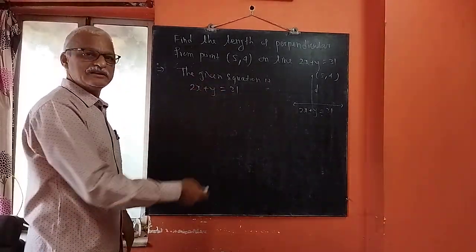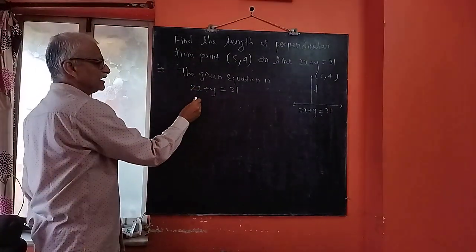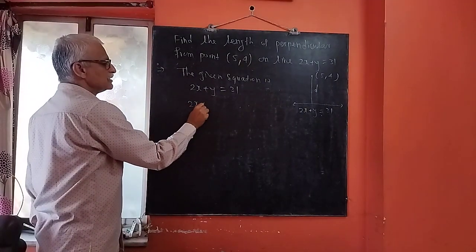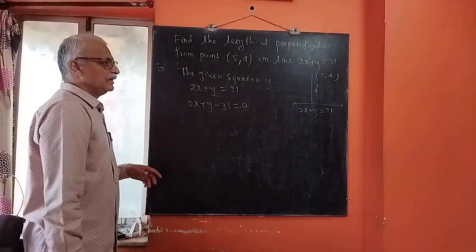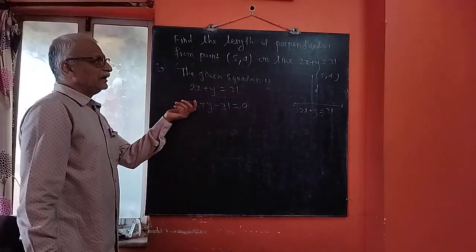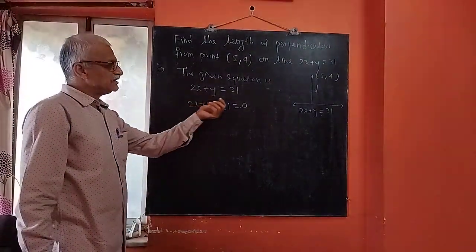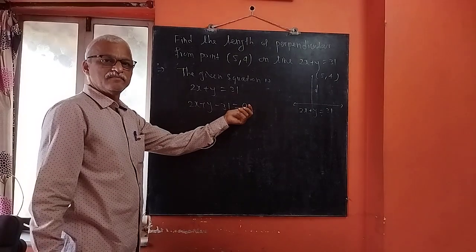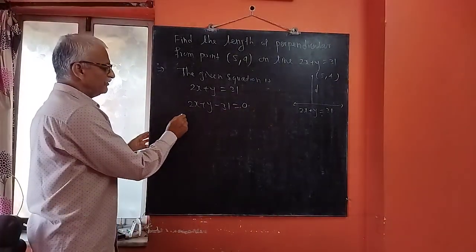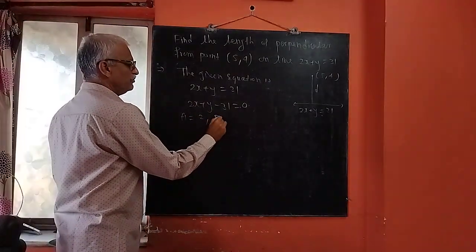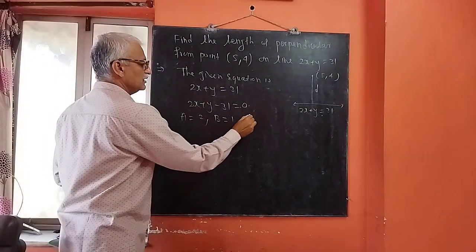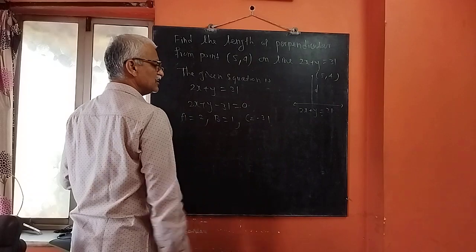That means the right hand side should be equals to 0. Here this is 31. Shifting 31 on this side, we get 2x plus y minus 31 equals to 0. Now if we compare this equation with the general equation, then we get the value of a is equals to 2, b is equals to 1, c equals to minus 31.